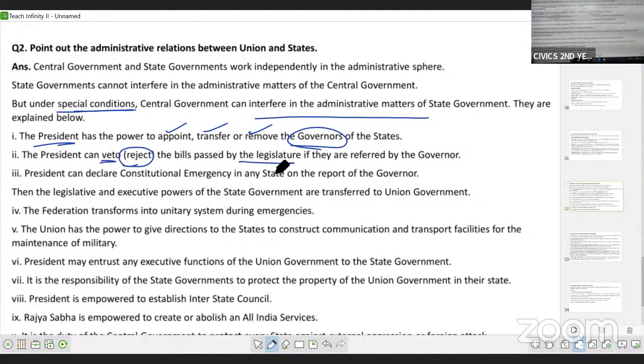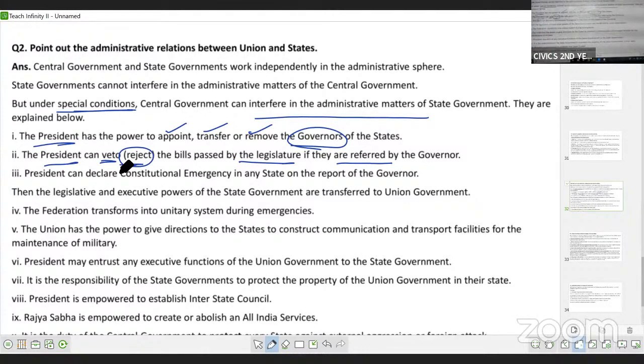Actually, the governor has the power to approve the bills passed by the legislature. But sometimes the governor can refer the bills to the president, and the president has the power to reject those bills.